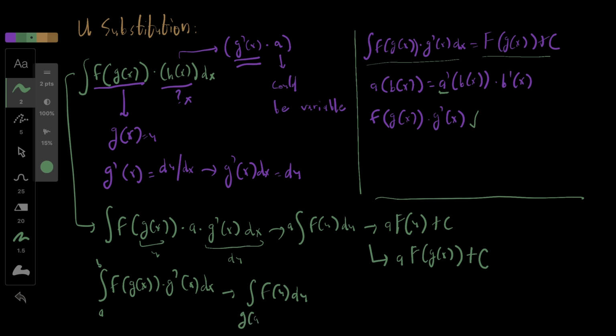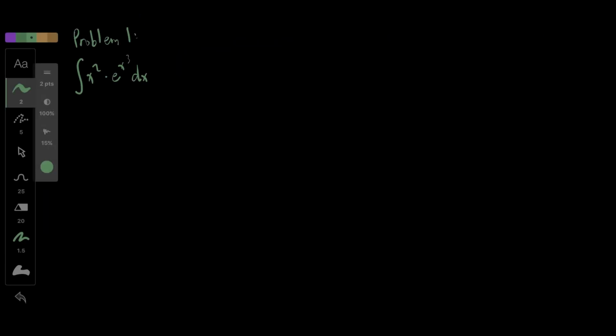So it'll just become g of a and g of b. Hope that clarified stuff for you. Sorry that I came back to this after I said I was going to do the problem, but now let's really move on to our problems.